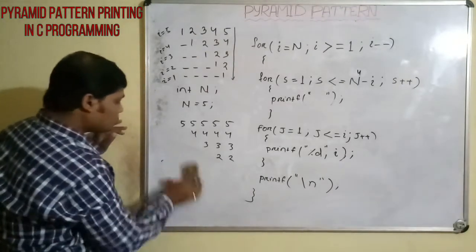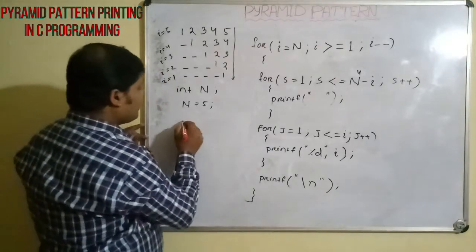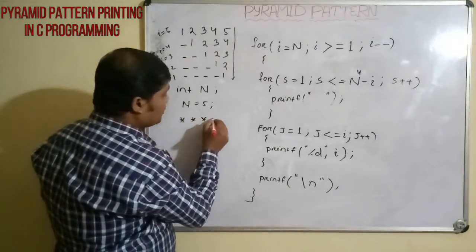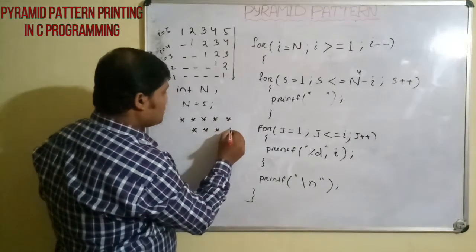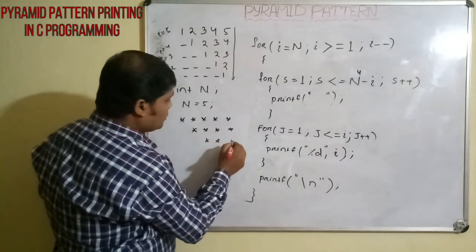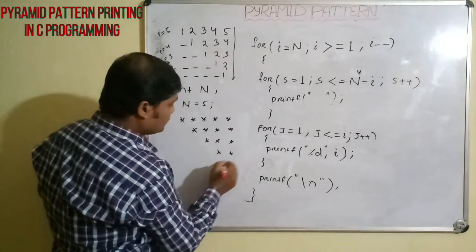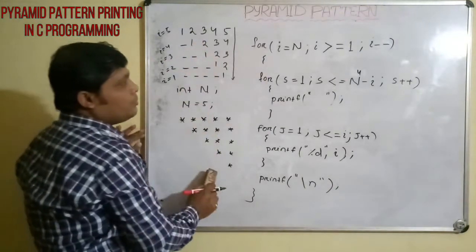Now come to another pattern. Suppose I am taking star pattern. Just see, this is 5 stars, this is 4 stars, then 3 stars, then 2 stars, then 1 star. The pattern is the same.